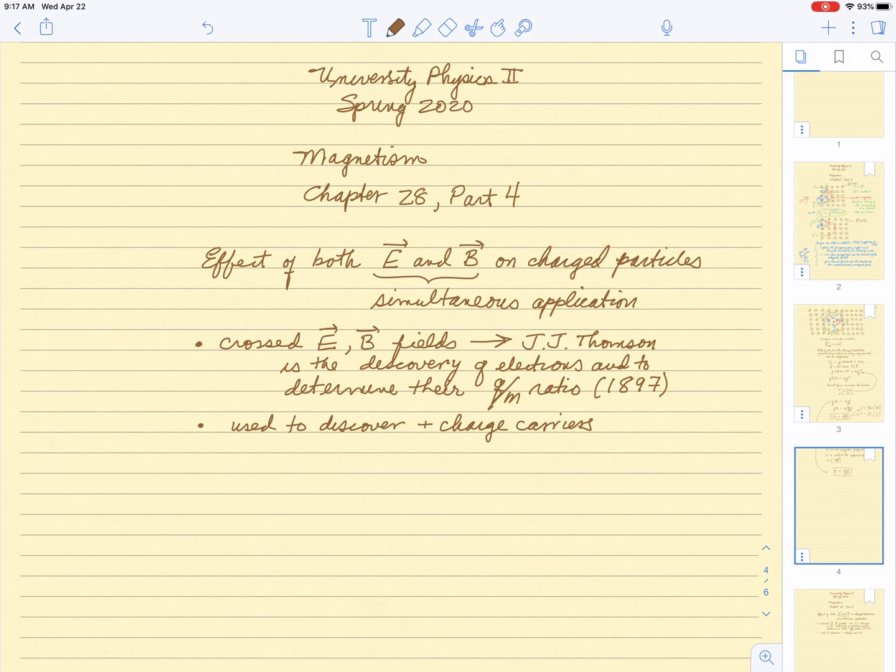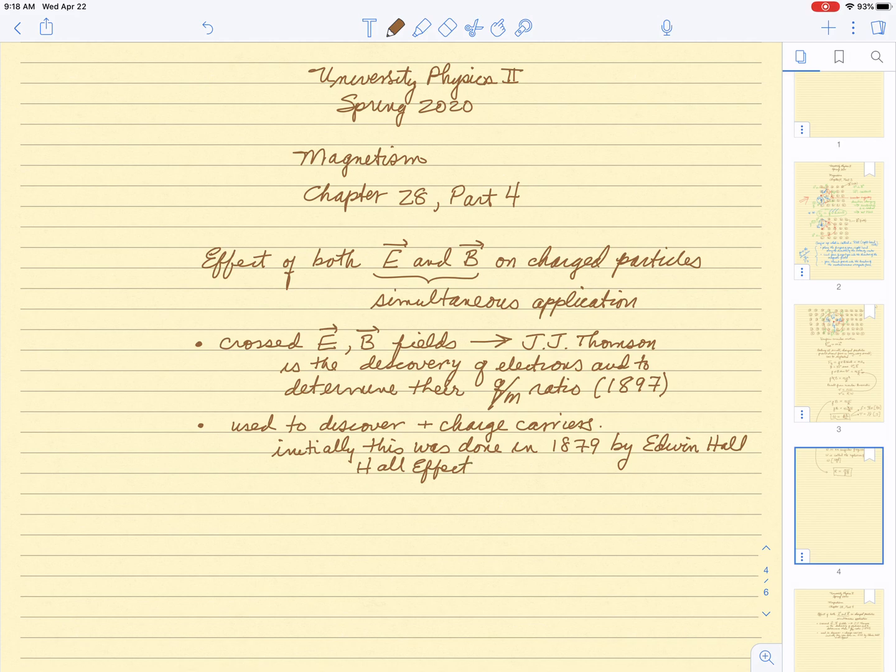Okay, so initially this was done in 1879 by Edwin Hall. And so consequently, this is called the Hall effect.